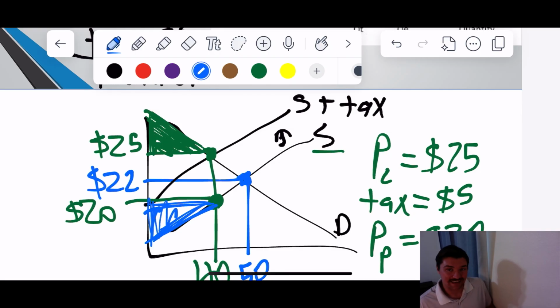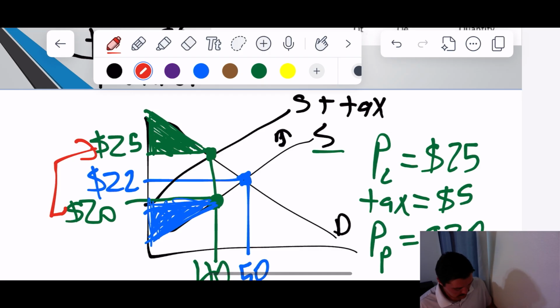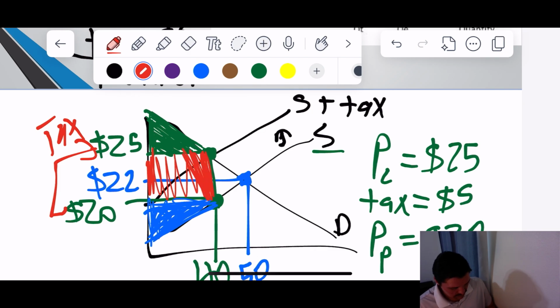Remember, they are getting $20 after paying the tax. Okay? So this difference right here between 25 and 20, that is your tax. So this area right here is your tax revenue. This is what goes to the government. Okay?